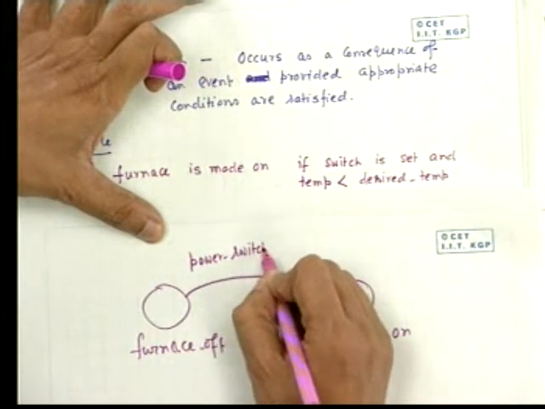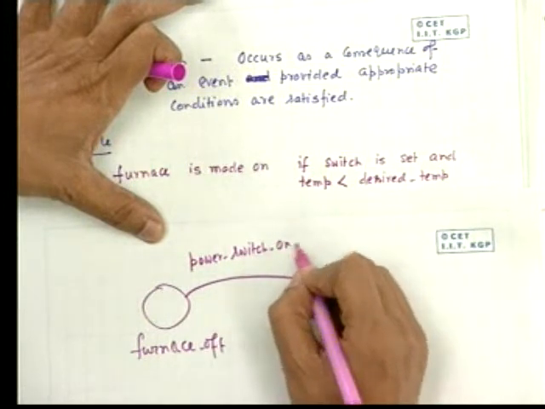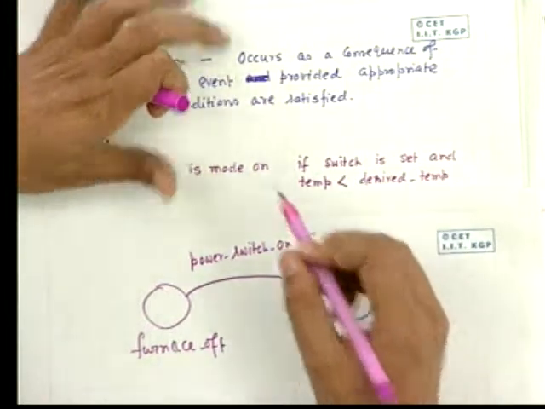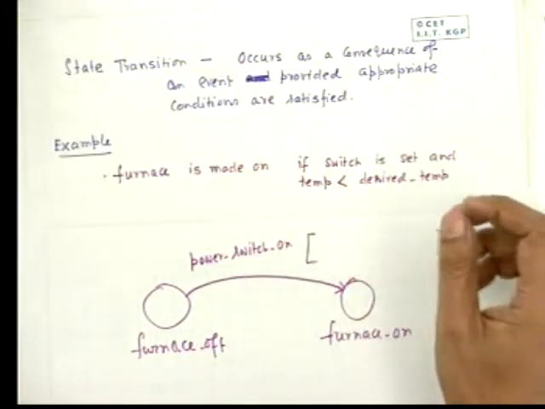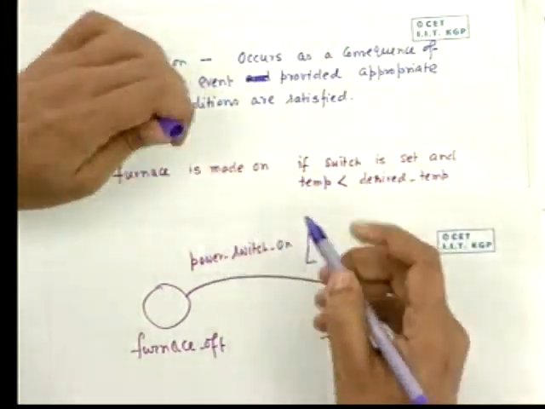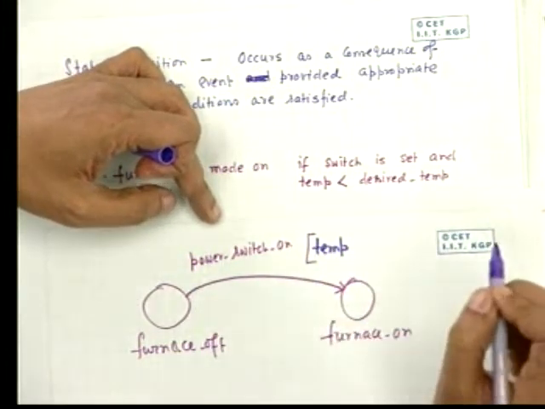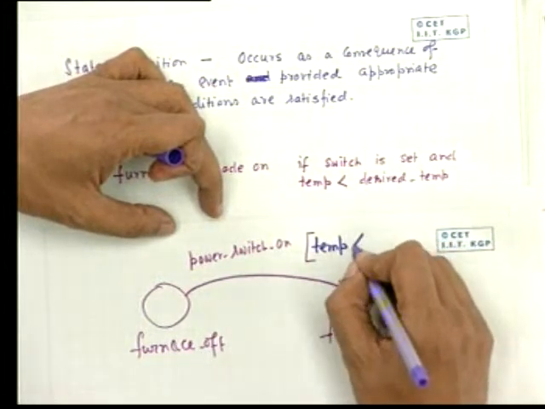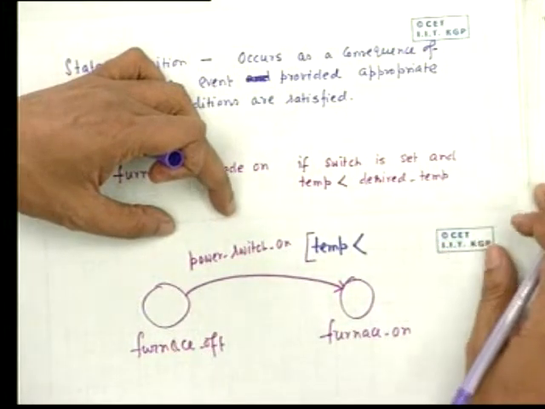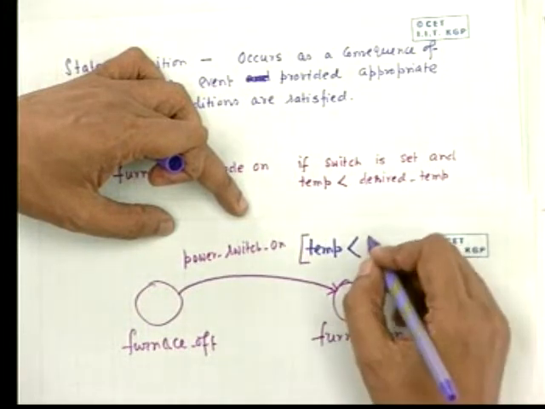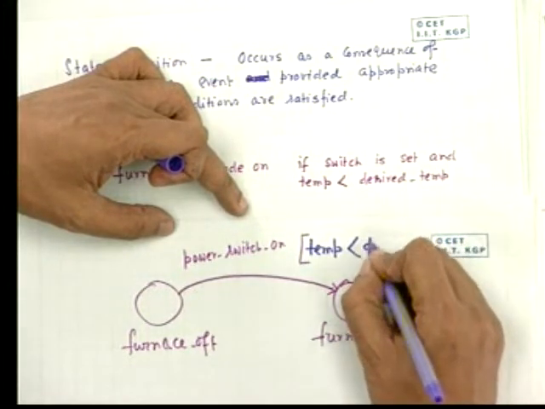This is an event. When this event occurs, the condition is that the current temperature, measured by a thermocouple or any other temperature sensing device inside it, is less than the desired temperature.